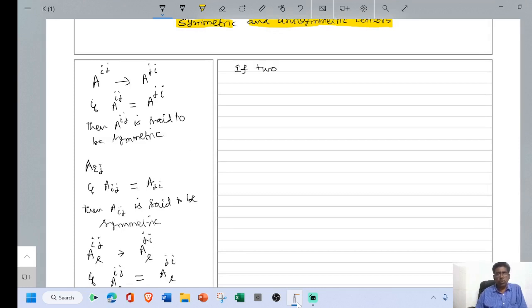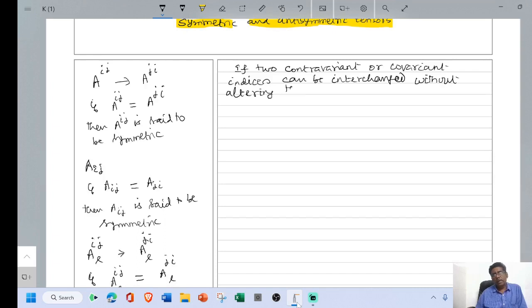If two contravariant or covariant indices can be interchanged without altering the sign of the tensor, then the tensor is said to be symmetric.